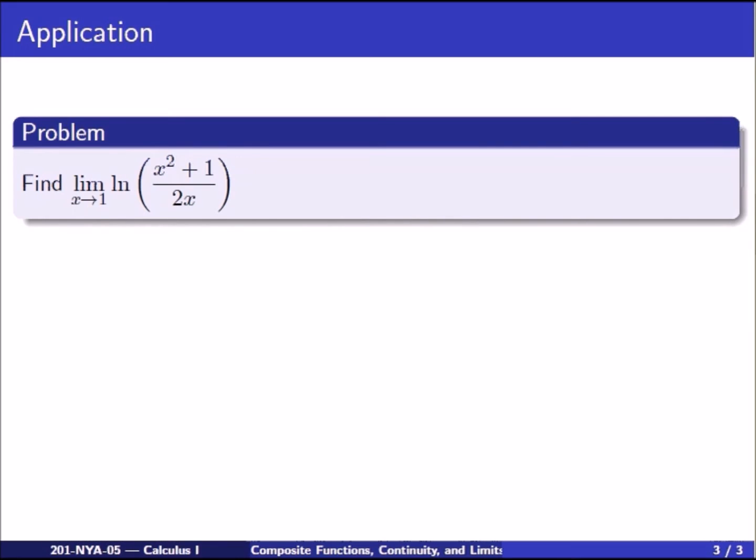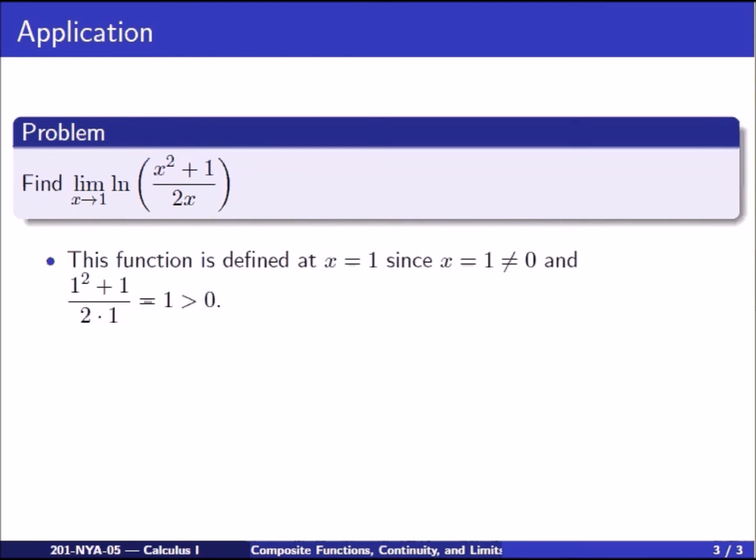Let's see if there is a problem if we replace x by 1. Well, if we look at the inner function (x squared plus 1) over 2x, is it defined at 1? It wouldn't be if we were dividing by 0 by replacing x by 1, but it's not in this case because 1 is not equal to 0, which is the only value that makes the denominator equal to 0.